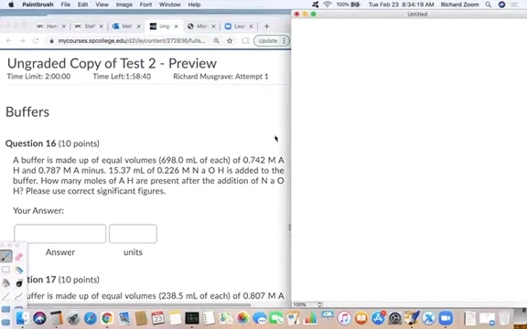So we need to find the initial moles first. We'll start out with the AH, and then we'll do the A minus, and we'll do the OH minus here as well.